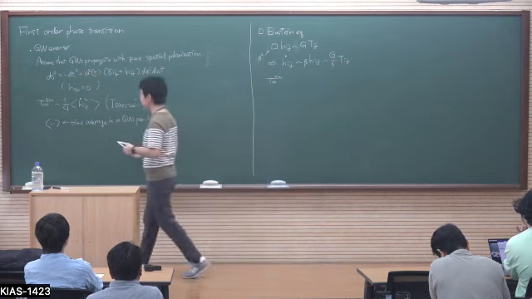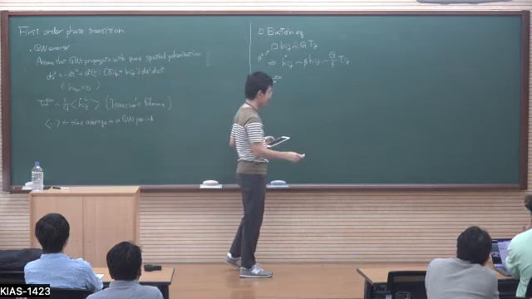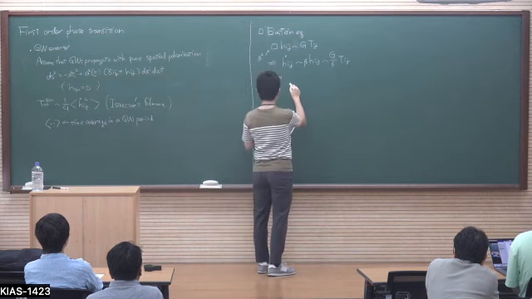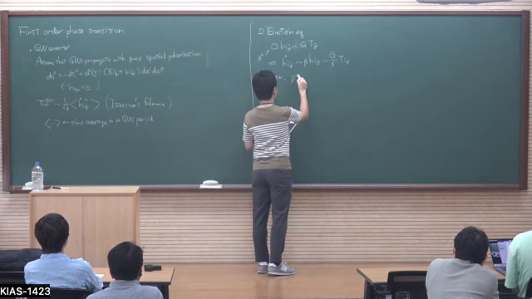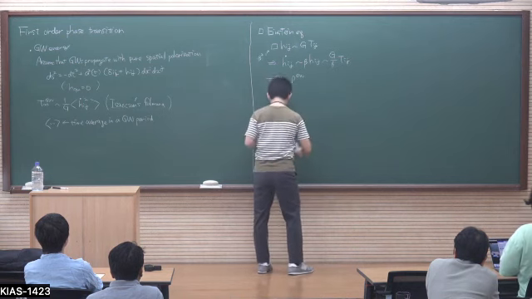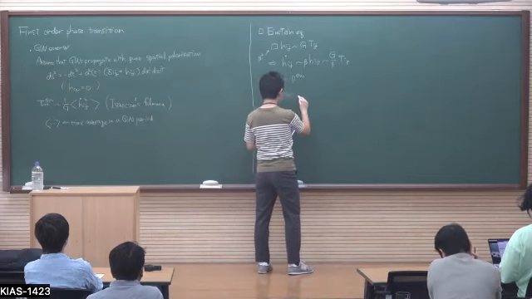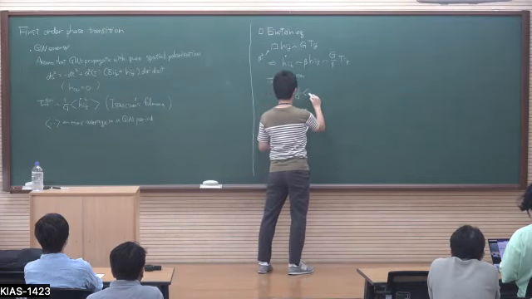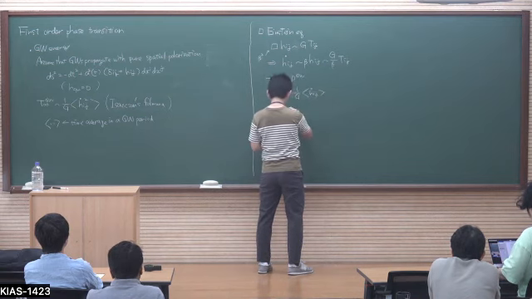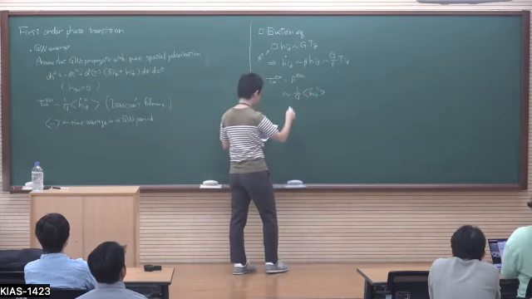On the other hand, the energy density of the gravitational waves is expressed by this, and by using this formula, we obtain the following.